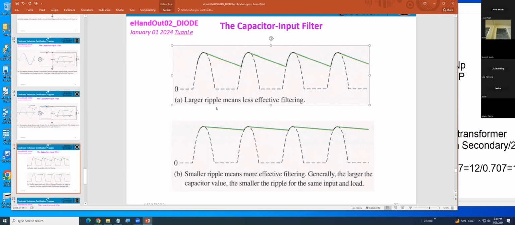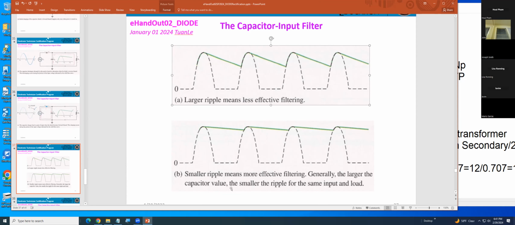Large ripple means less effective filtering. That means the capacitor charge and discharge is not good. Now, you can get a better capacitor. They discharge, then they charge again. Okay? Smaller ripple means more effective filtering. Generally, the larger the capacitor value, the smaller the ripple for the same input and the load.